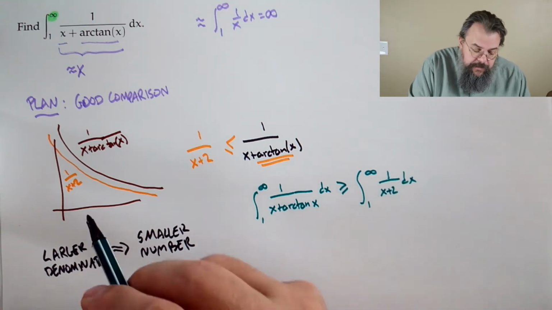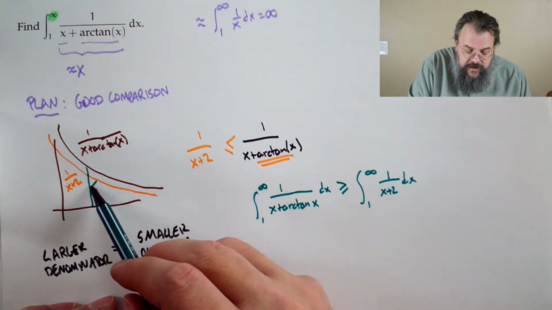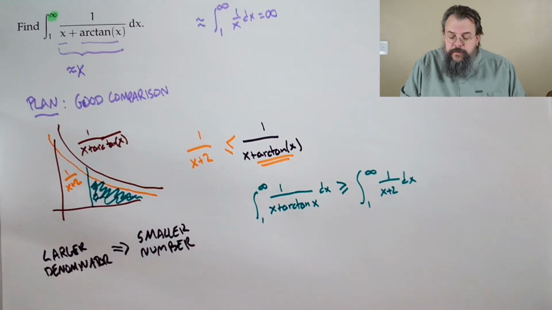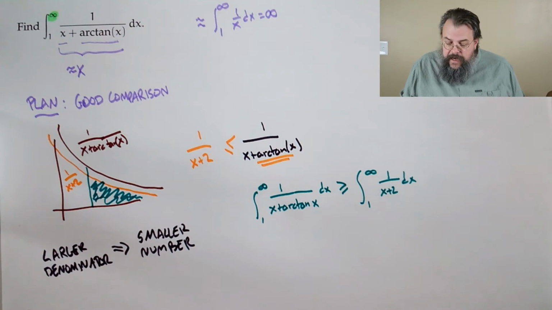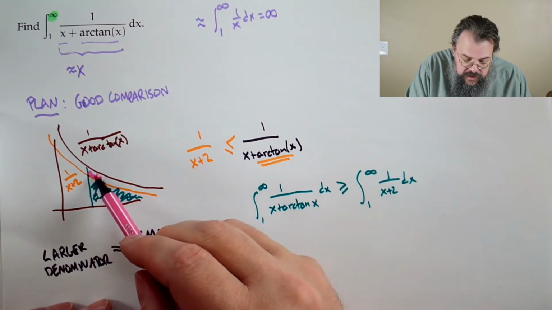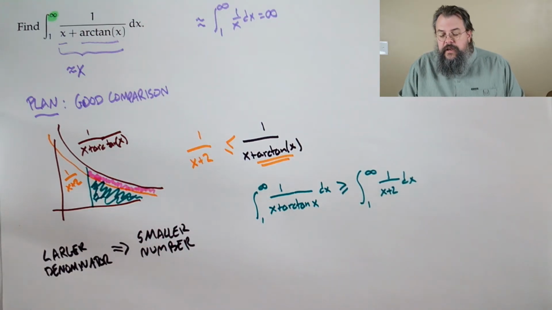Because, think about it in terms of area. Compare the areas. The area of 1 over x plus 2 is this piece down here. And now, if we want the area of 1 over x plus arctangent of x, it adds a little bit more. It's like that area plus even more. Well, that means it's going to be greater than or equal to.